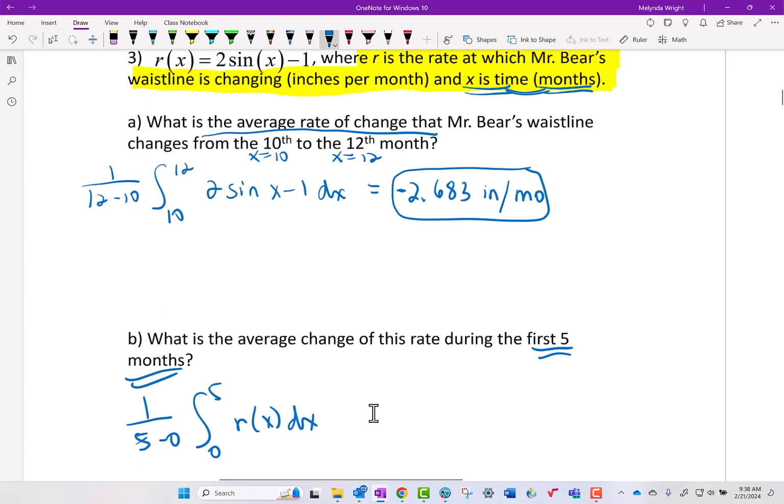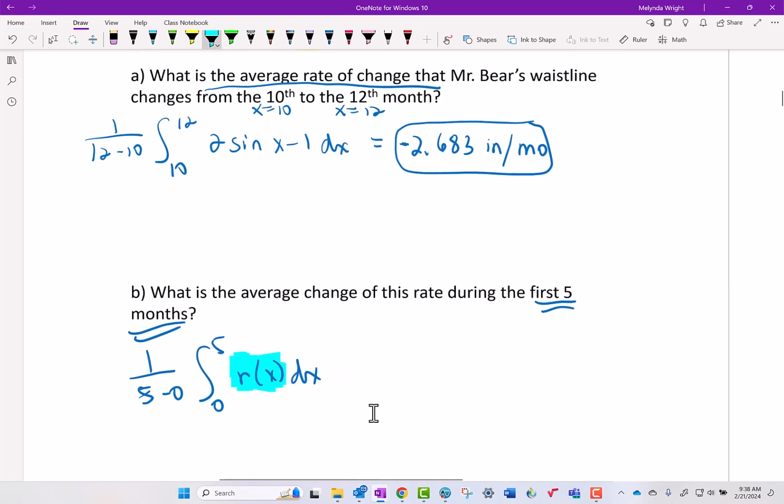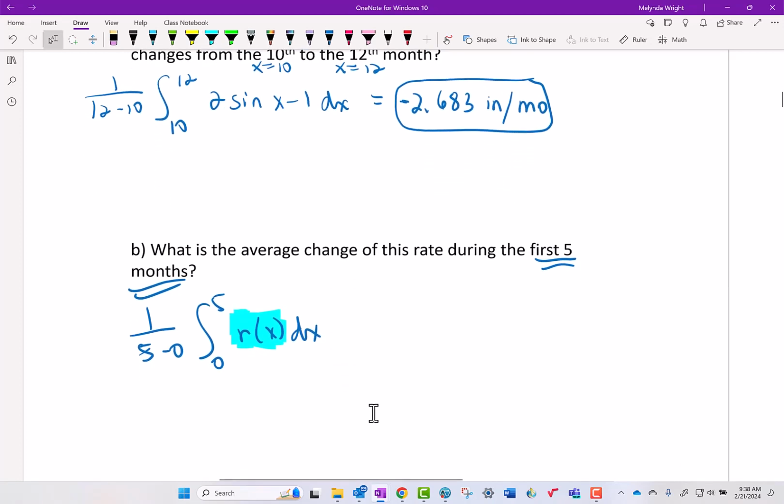And it is certainly okay to just put the name down instead of rewriting the formula. Actually, it would probably be advisable to use the name when they name it. It saves you time and the chance that you will accidentally miscopy something. Average change of this rate during the first 5 months.